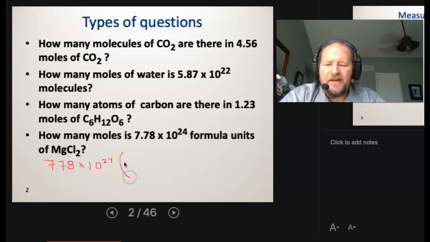My program's being very laggy here, so I apologize if this is kind of breaking up as I'm writing. I want to get into moles, so I'm going to put 1 mole on top. We're going to put Avogadro's number on the bottom.